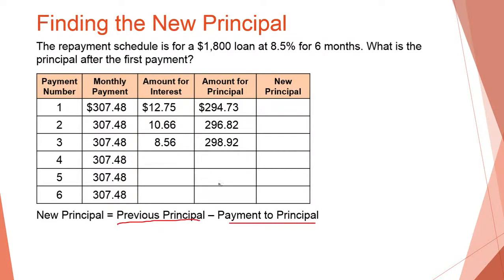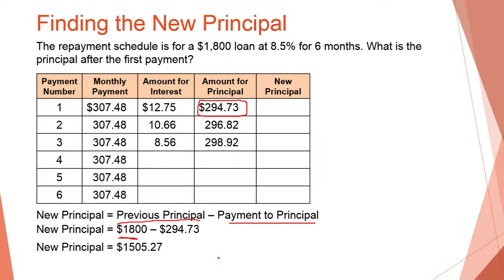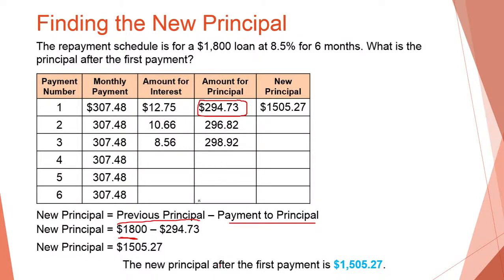Because we're only looking for the first payment, the previous principal is going to be $1,800. Subtract $294.73 from that. When we subtract it, we get $1,505.27. For this one, that's all you had to do.